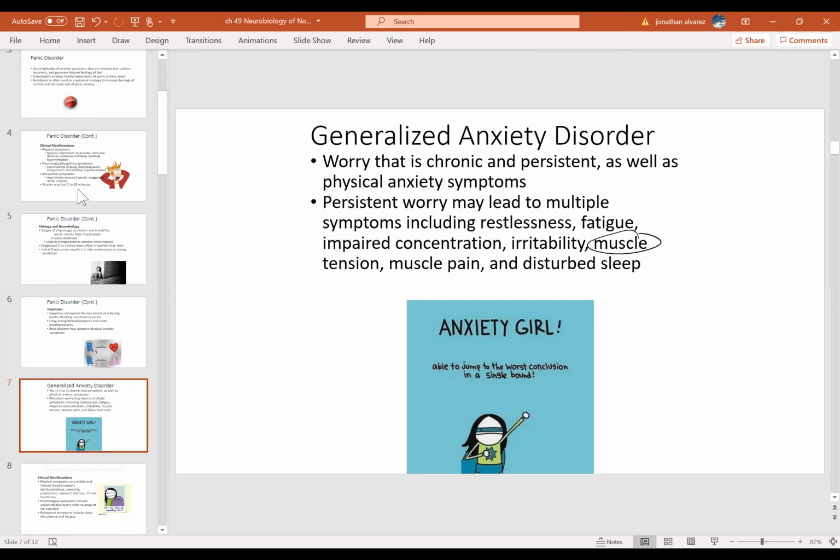Boy, this one, I tell you, when you do musculoskeletal with people and you palpate thousands and thousands and thousands of muscles over the years, you can tell when anxiety is in a person, when stress is in a person.